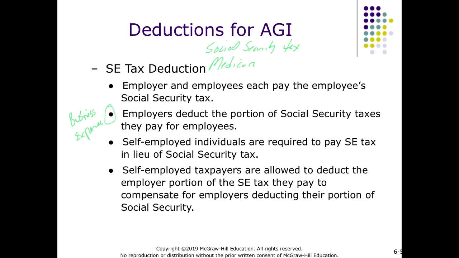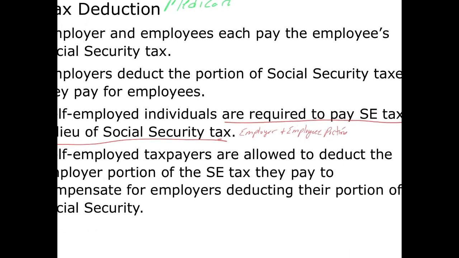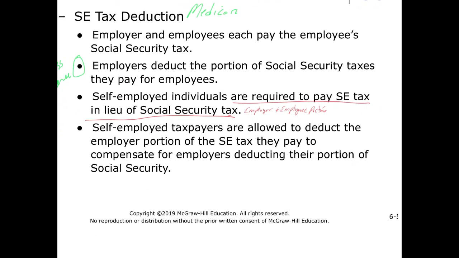Okay, but what if you are self-employed? If you are self-employed, you do not have an employer. So if you are self-employed, you are required to pay Social Security taxes. Essentially, you pay both the employer and employee portions, because you're both, you're your employer and you're the employee, okay?